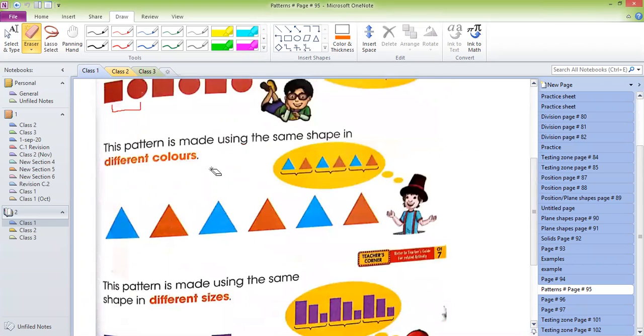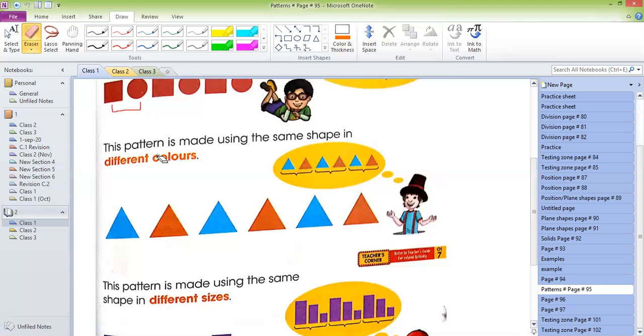The next pattern you learned about is that we can make a pattern of the same shapes but by using different colors. Like in the first pattern, there were different shapes, but here we have the same shapes but they are different in color.